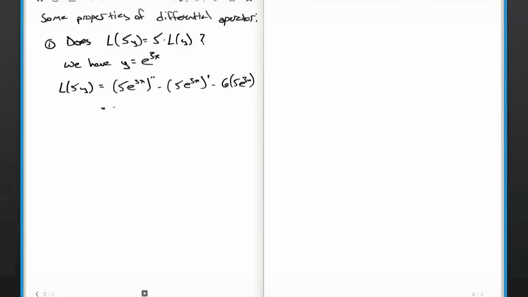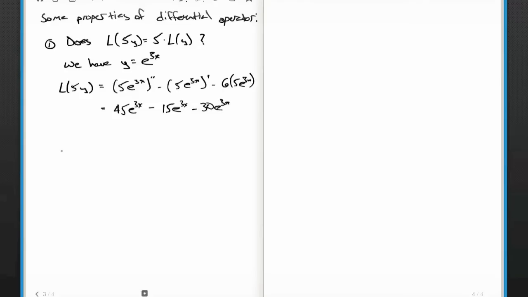And when we're all done here, this equals, because the 9 comes down there, that becomes 45 e to the 3x minus 15 e to the 3x minus 30 e to the 3x.